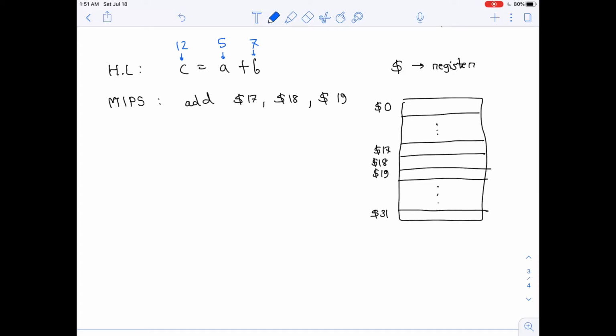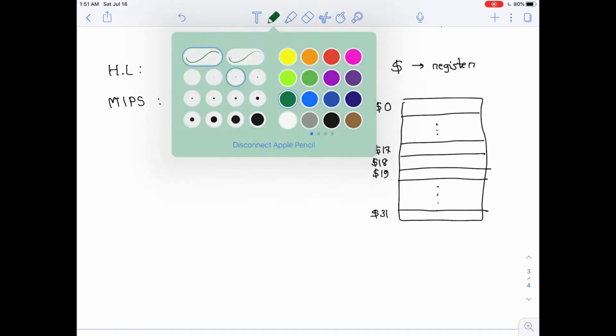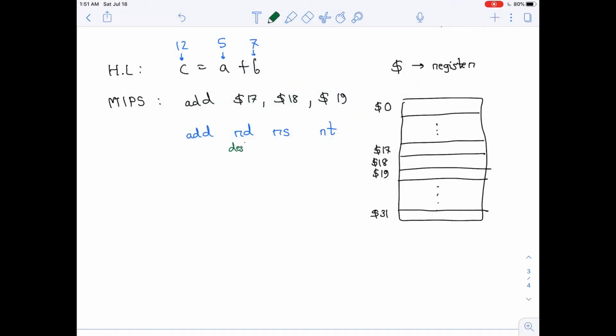Well, MIPS follows this format: add rd, rs, rt. So what do I mean by this? Well, rd stands for destination register.